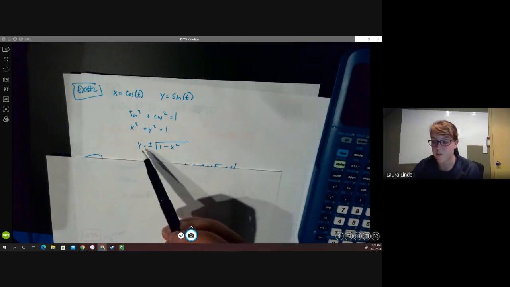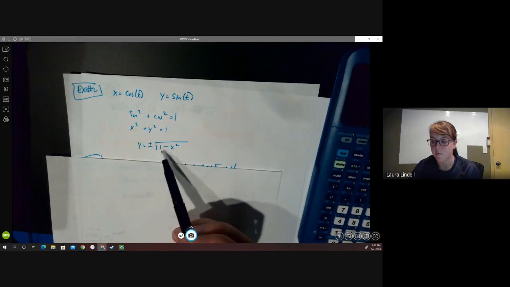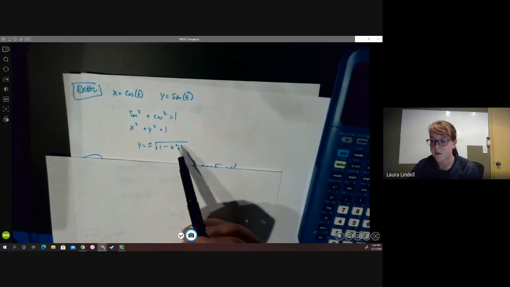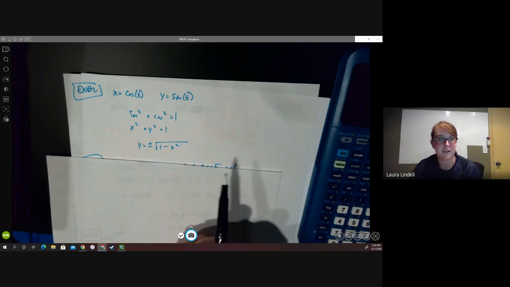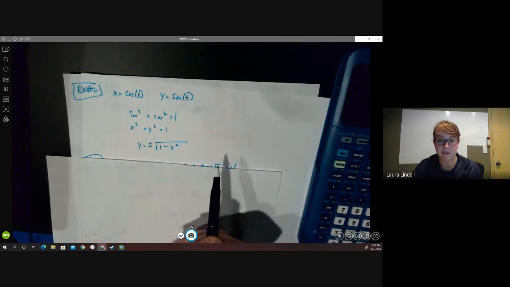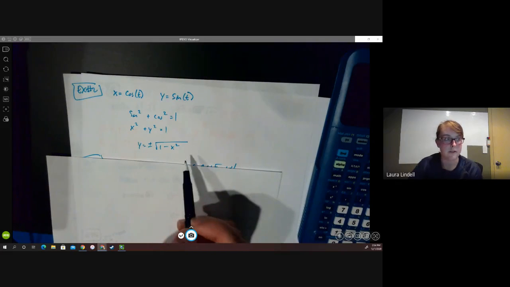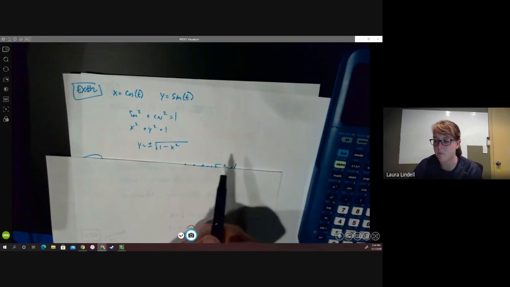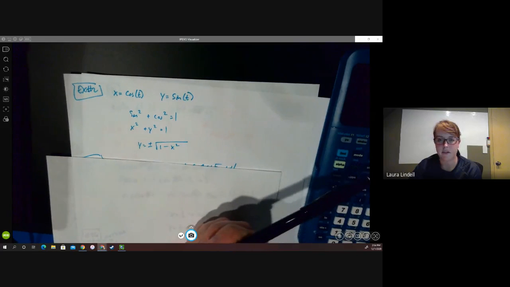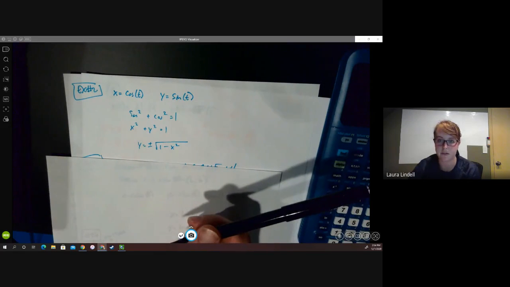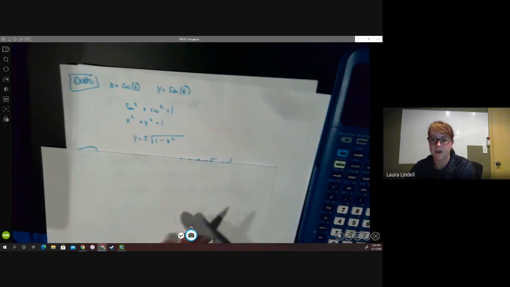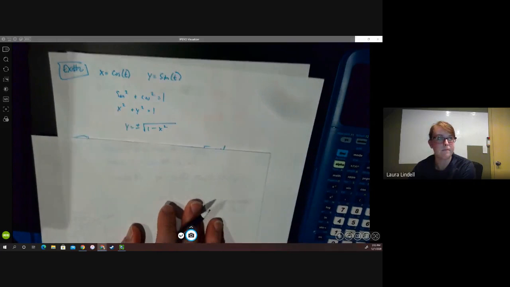Or if you wanted to solve it for y, you'd have plus or minus root of 1 minus x squared, which is more of what you would plug into your calculator if you wanted to plug in the equation in rectangular coordinates anyway. And it would yield a circle. Or it actually looks a little bit more like an oval depending on how you space it, because the calculator screen is rectangular. But anyway, it's supposed to be a circle.